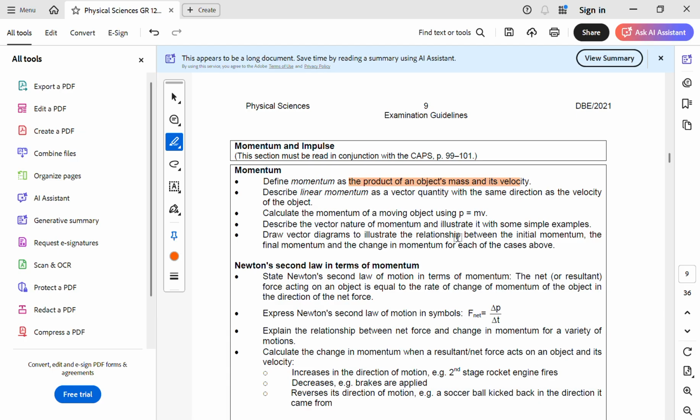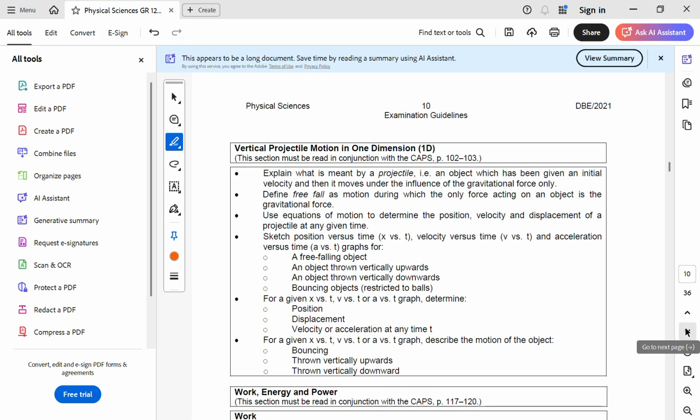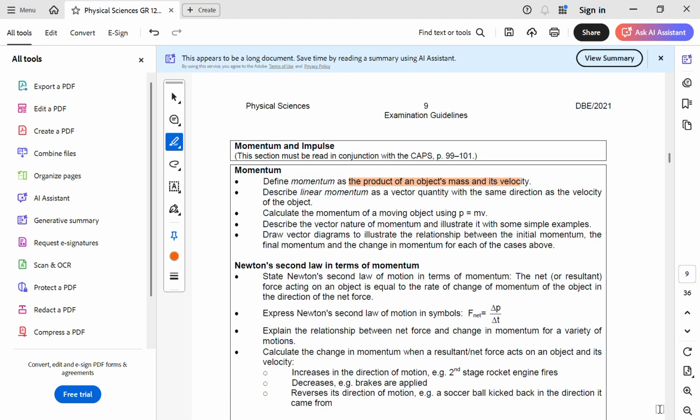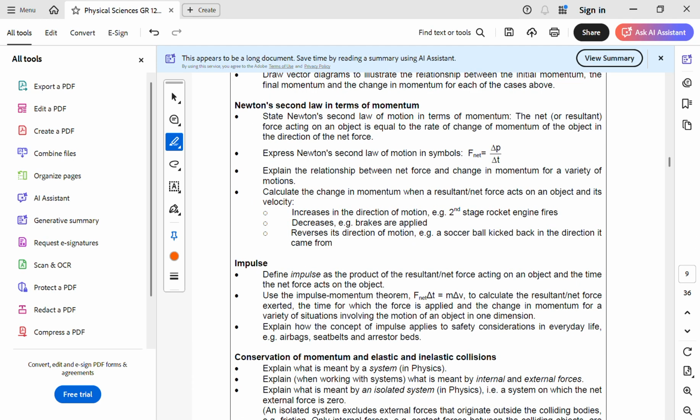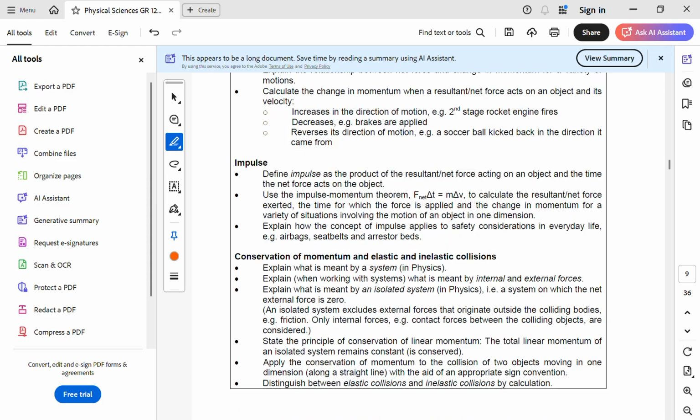I'm not seeing it here. Let's just go down and see if we can find it. Oh, we are somewhere else now. I think, yeah, here it is. So that's another important thing, the principle of conservation of linear momentum. There it is. So you need to also look at that, guys.